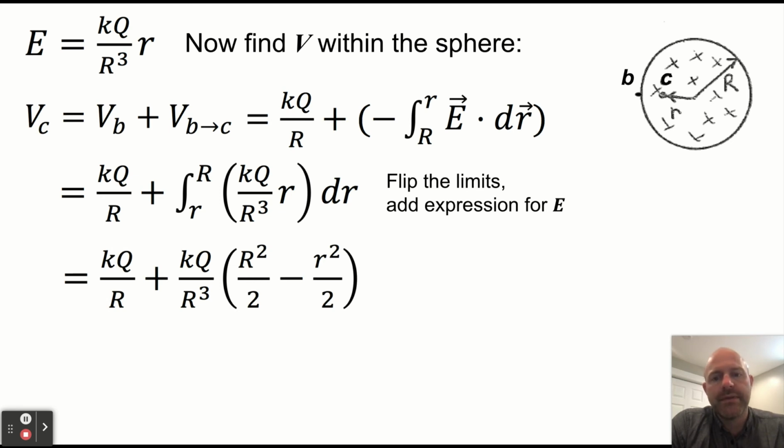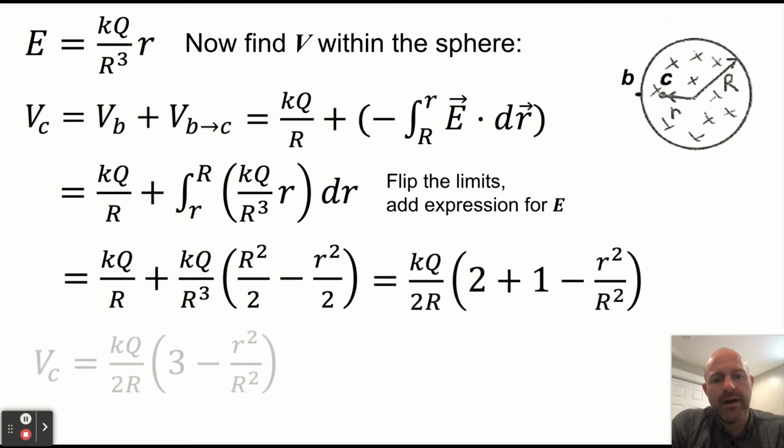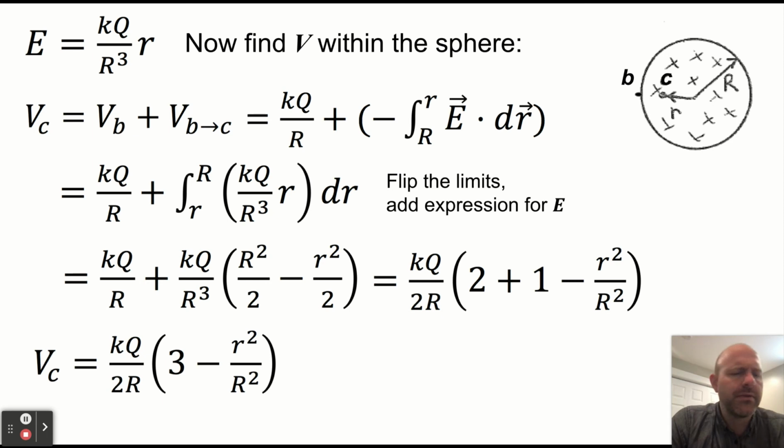We evaluate this at capital R and little r. The capital R is, of course, a constant. We can simplify this down, and we end up with something that may or may not be obvious, right? When I look at this, it doesn't jump out at me and go, oh, I know what that means. But essentially what this is saying is that we have little r squared over capital R, which is a value that has to be less than 1, right?